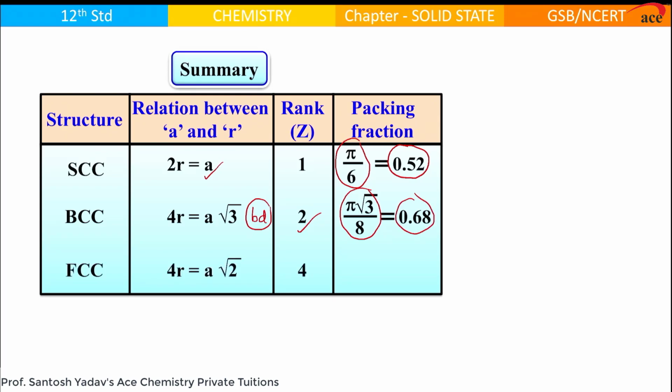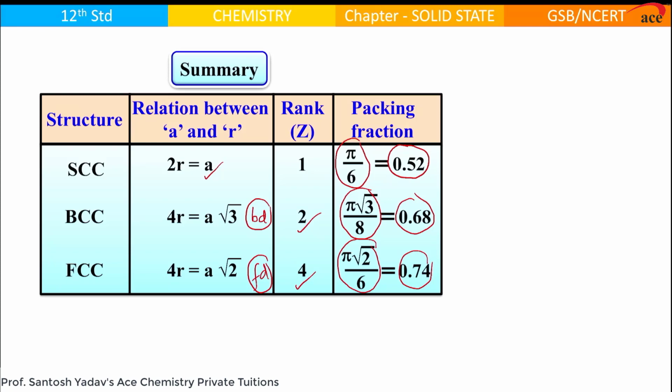For FCC, along the face diagonal, the spheres were touching each other and therefore 4R was equal to A root 2. Rank is 4 and this value also we are supposed to remember, pi root 2 by 6. Packing fraction is 0.74. All these numbers have to be remembered and they are important for all the examinations.